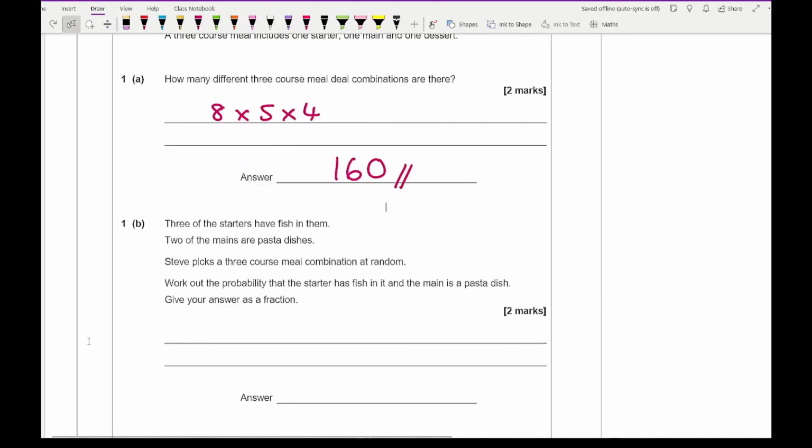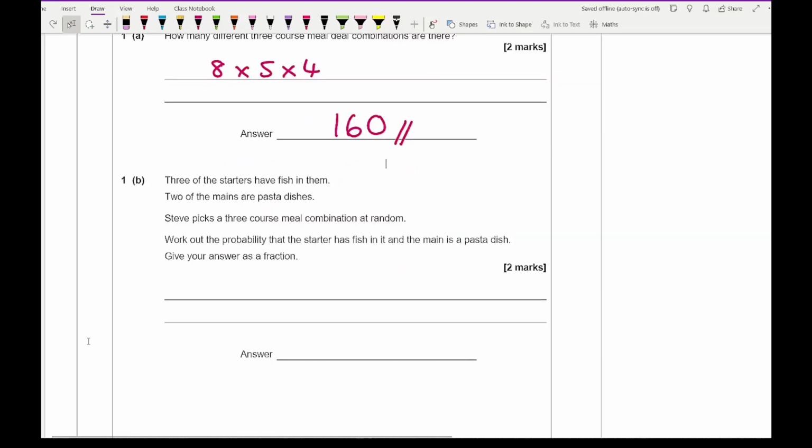Then for 1b, it says 3 of the starters have fish in them, 2 of the mains are pasta dishes. Steve picks a 3-course meal combination at random. Work out the probability that the starter has fish in it and the main is a pasta dish. Give your answer as a fraction. Well, for this, we know that he's definitely going to pick a dessert, so the dessert's not really an option.